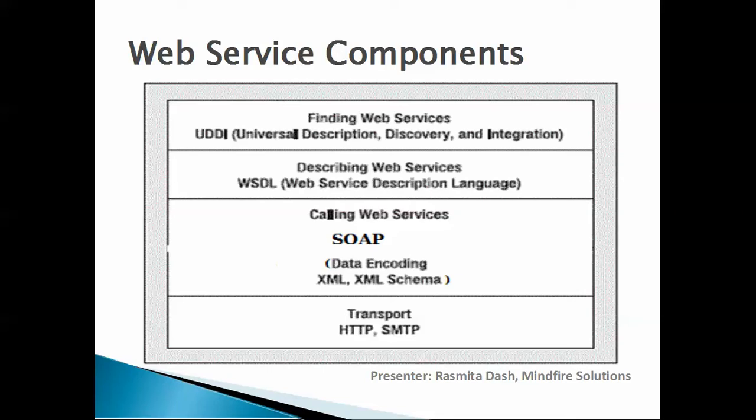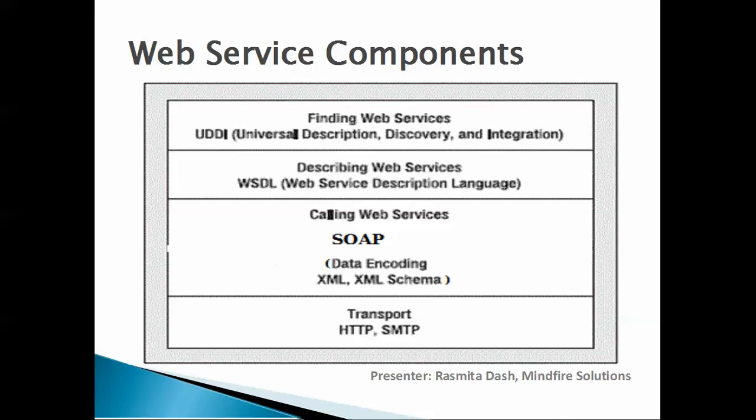Now I read the documentation and I know what functionalities are provided by the web service. Now I need to make a request, and the request should have a particular format, and I will get a response from the web service, and that response will also have a particular format. That format is SOAP, Simple Object Access Protocol.